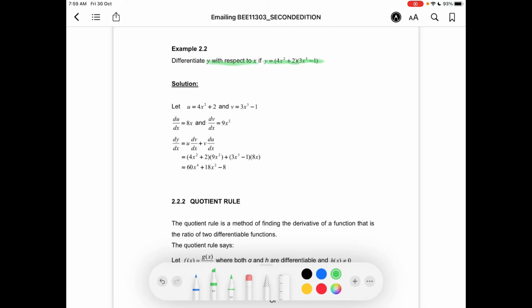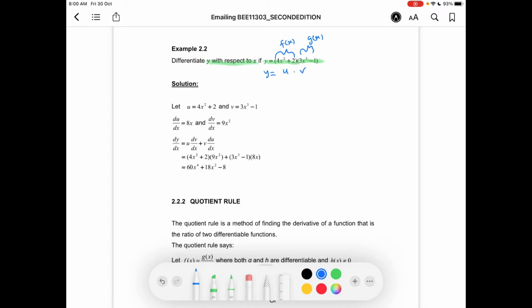This is quite a simple one. You don't need to apply the chain rule for this, because it only consists of two different functions. This is the f(x), this is the g(x), or in other words you can write y equals u times v.